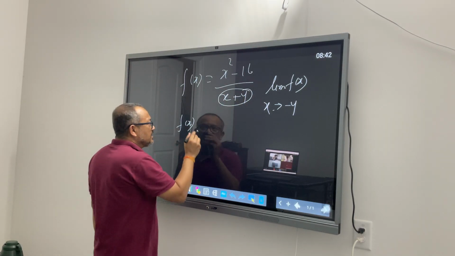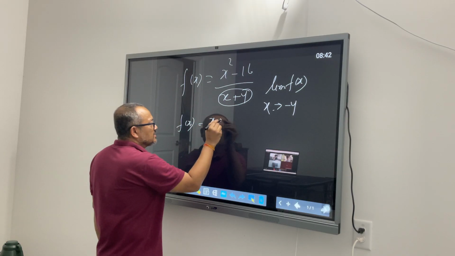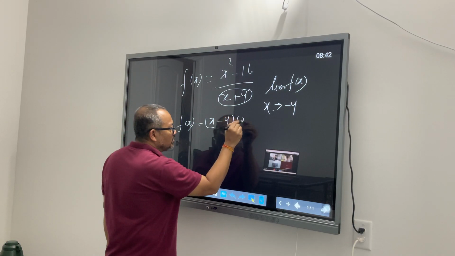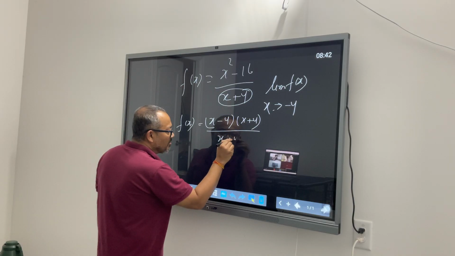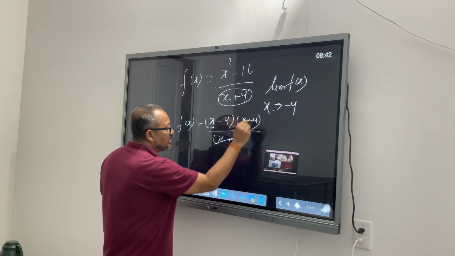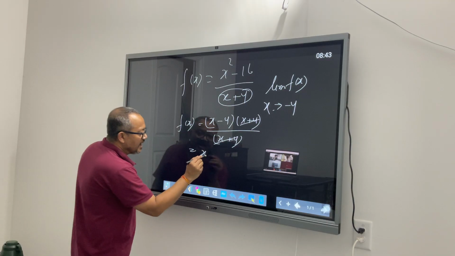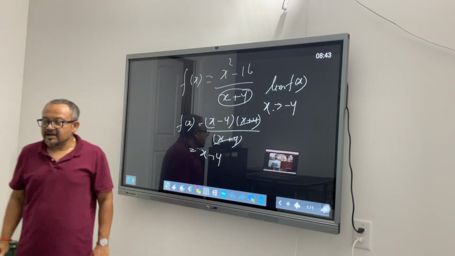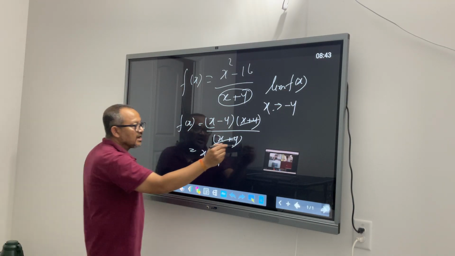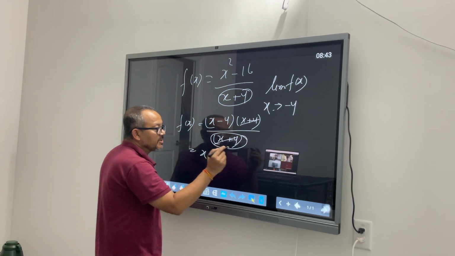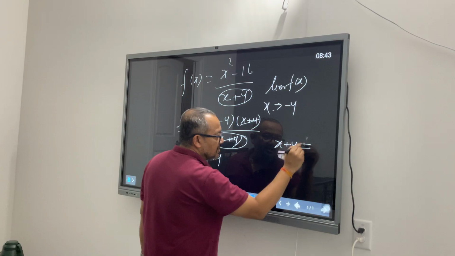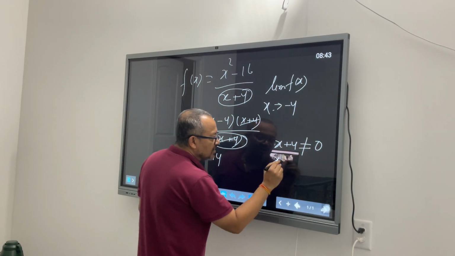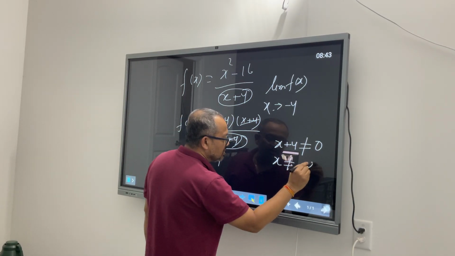When I have this thing, this is x minus 4 into x plus 4, if I rule out the common factor between the numerator and denominator, my function is all about x minus 4. And the only thing I need to be careful about is that x plus 4 cannot become 0, meaning x cannot become minus 4.